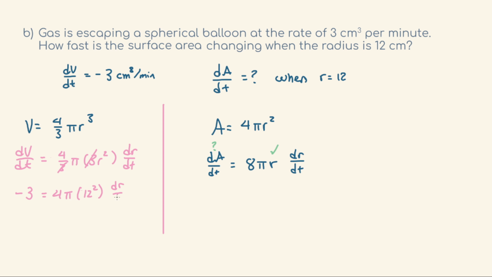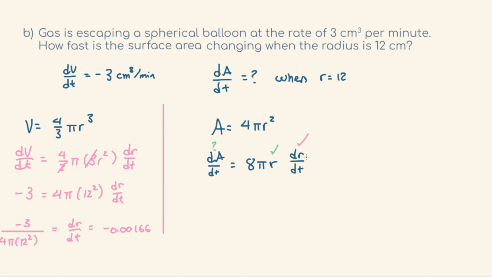So now we just divide both sides by this bit in the front to isolate that dr over dt. So that's going to be negative 3 divided by 4 pi times 12 squared is equal to dr over dt. And this is going to come out to approximately negative 0.00166. Okay? So now we've got that as well.